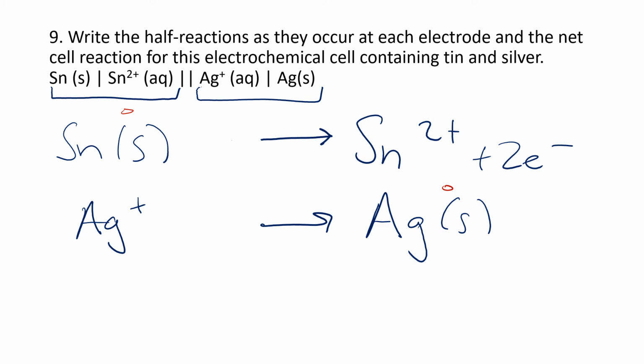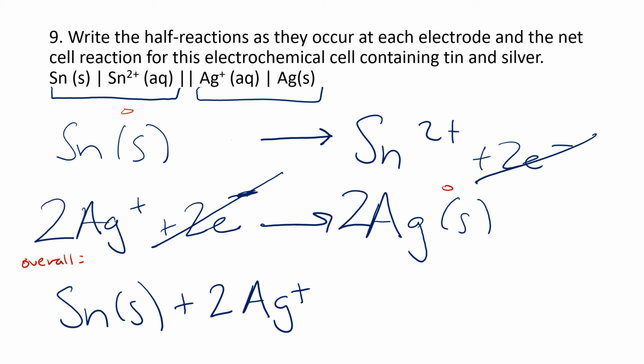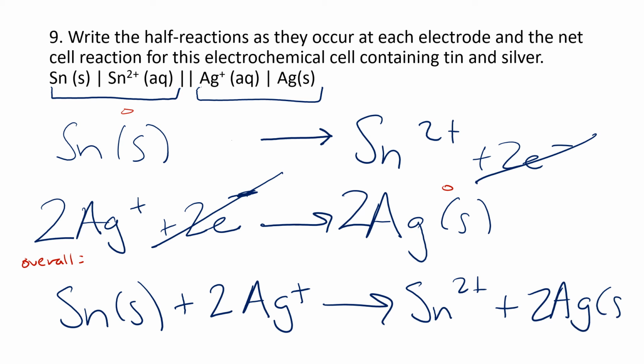It gained 1 electron. But we have to make those electrons balanced. So if I have 2 electrons over here, I also have to have 2 electrons over here. So I'm going to multiply everything by 2, because I want those 2 electrons to cancel, and I'm going to bring down everything else for the overall equation. So I have Sn solid plus 2Ag plus becomes Sn2 plus plus 2Ag solid.